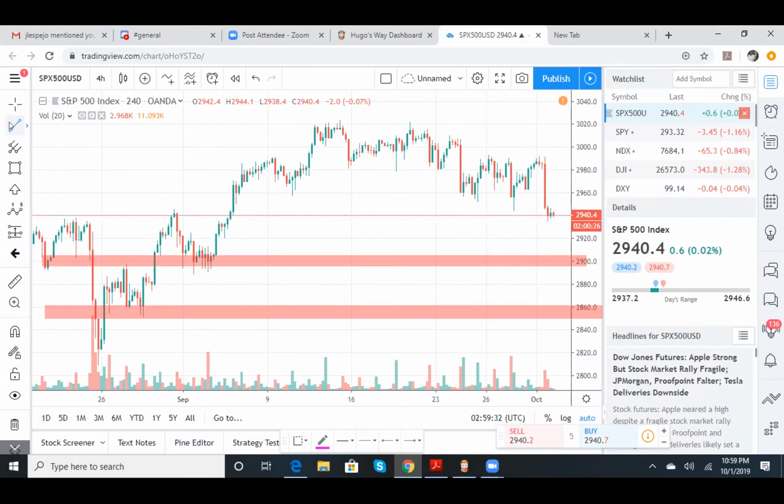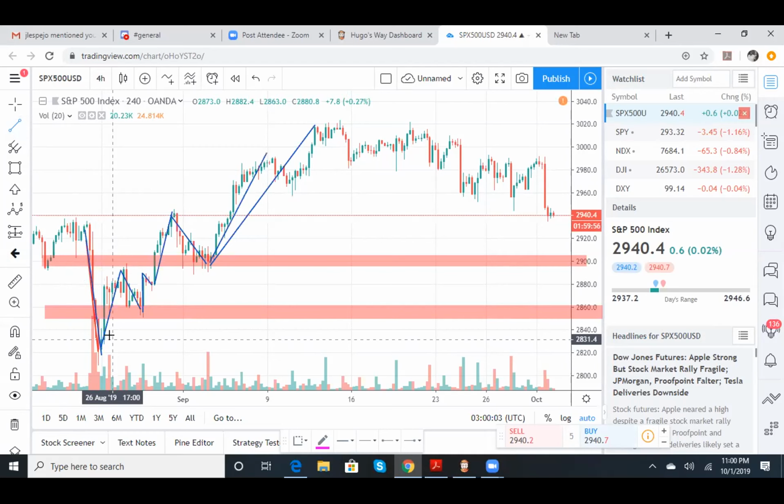I'm going to help you out on this one so you can see what I want you to identify. We can see that after the fake out here to the downside, the market broke back up and retested. So now we have our first move to the upside. Then we have the correction, then the next move to the upside, then the correction, and then the last move to the upside. You see how that can be one move, or we can just focus on this move here.